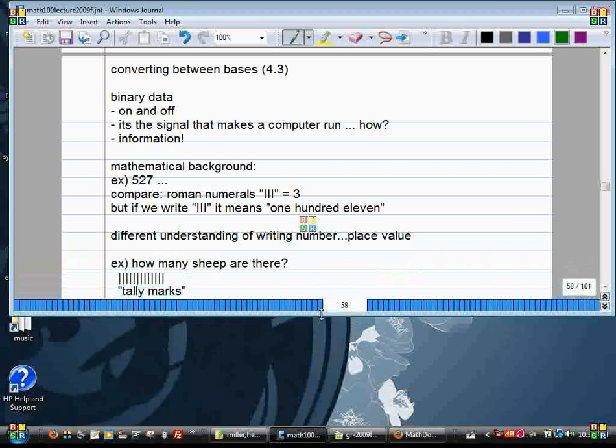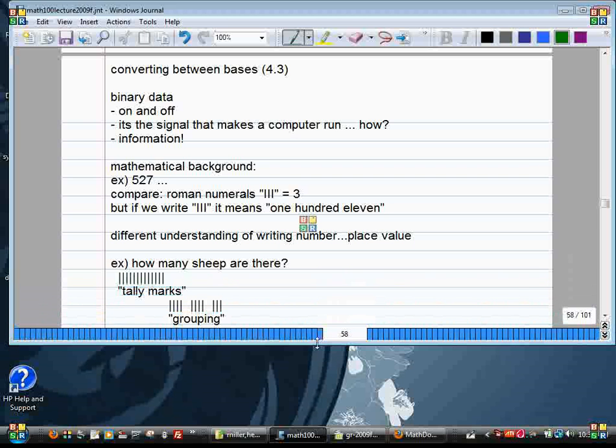Well, obviously they couldn't say 1, 2, 3, 4, 5. They didn't have that system. That's a great point.